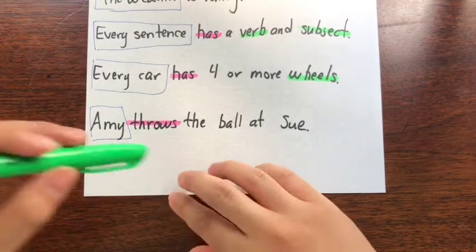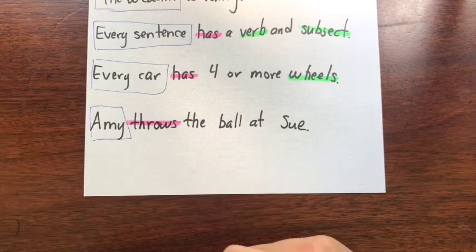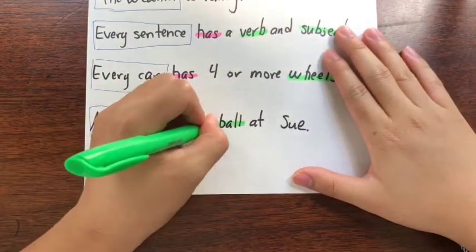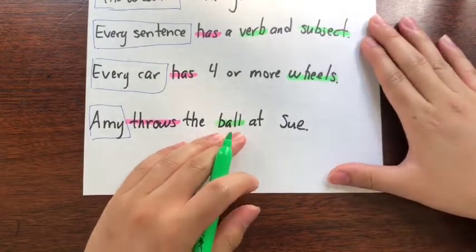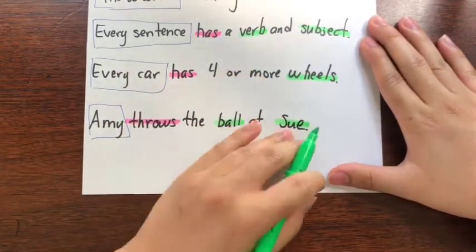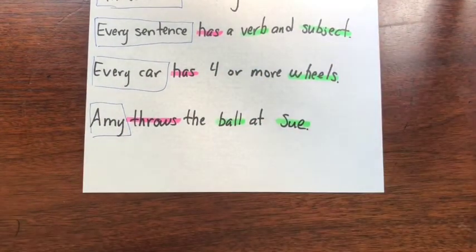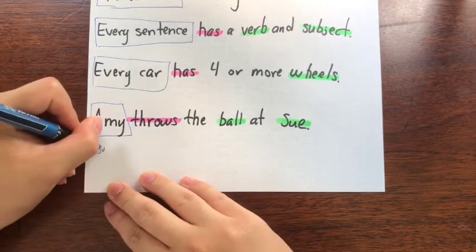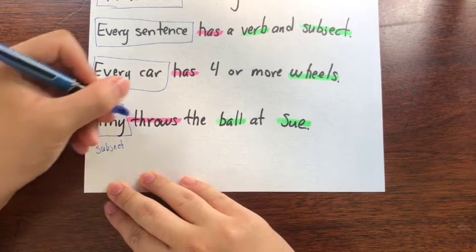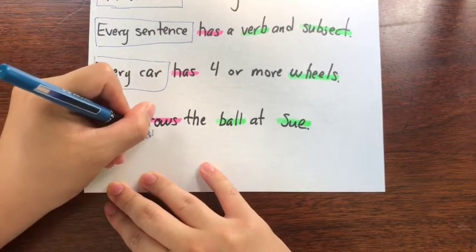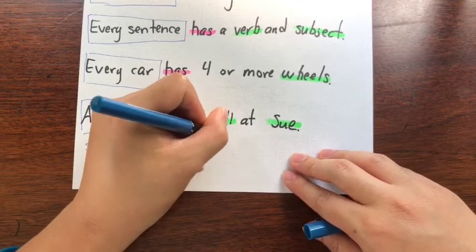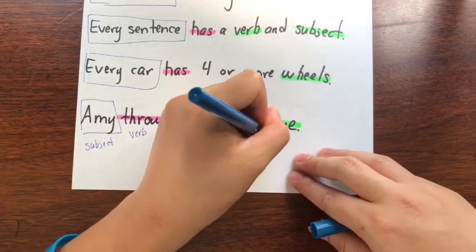And now, all the other nouns in this sentence are objects. So, we have ball. Ball is a thing. And Sue. Sue is a person, so she's a noun. So Amy is the subject. Throws is the verb. Ball is an object. Sue is an object.